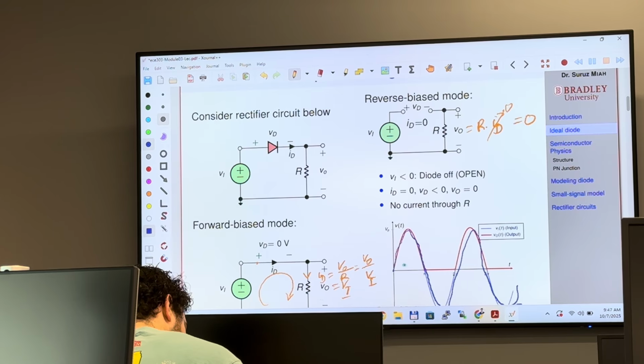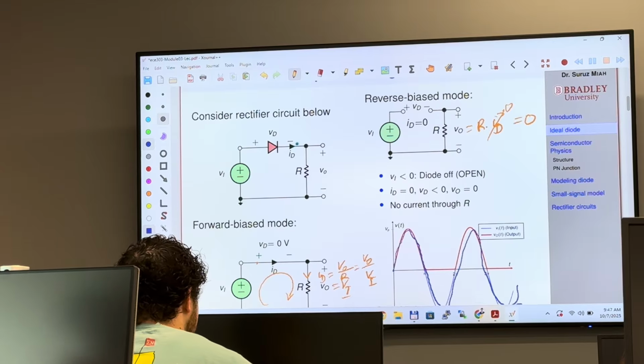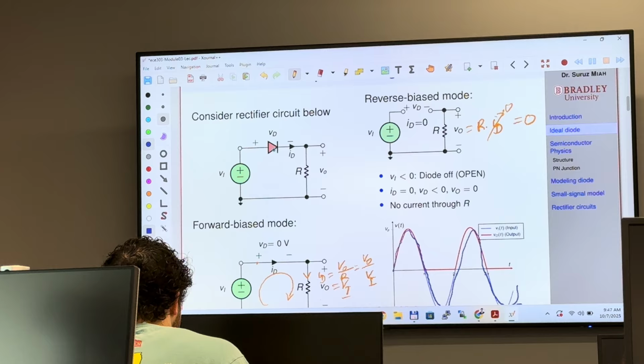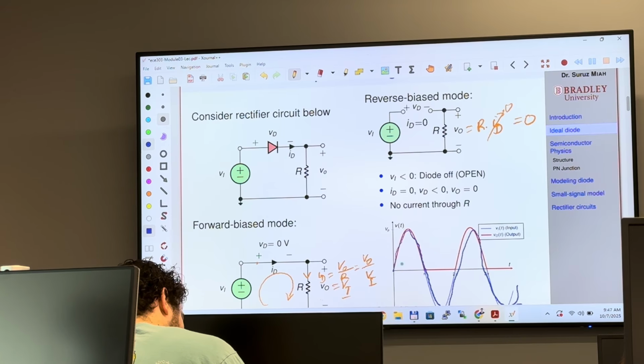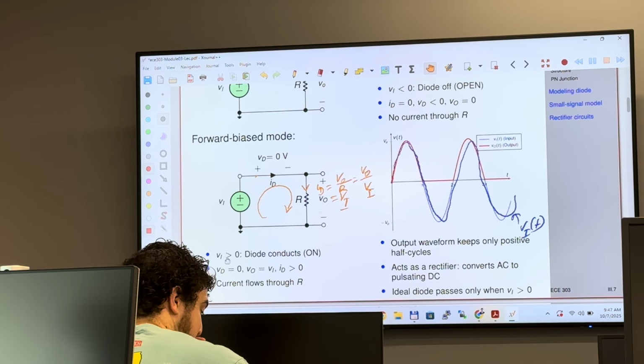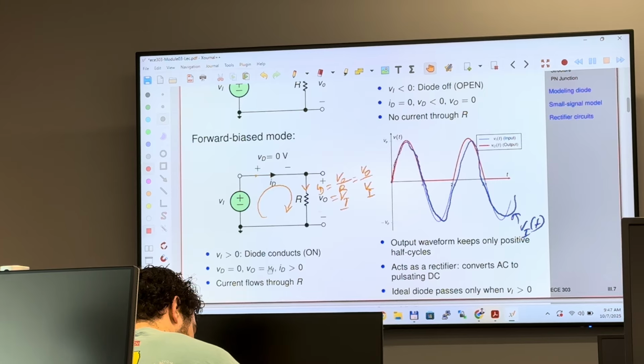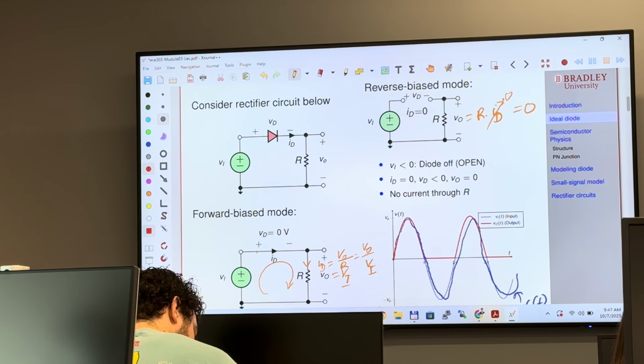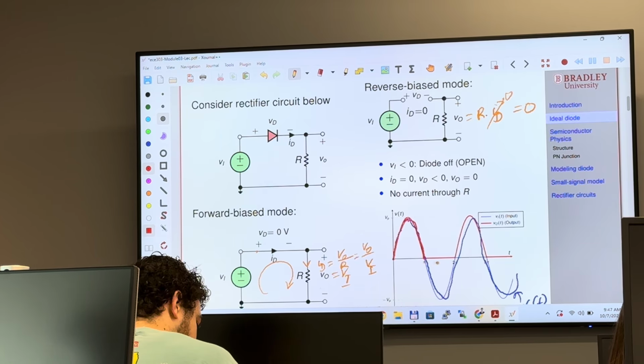What will be the output? When you have positive input, this is positive with respect to the cathode, so the diode is going to be on. Whatever voltage you have is going to appear across R. So whenever input is positive, the output is going to be the same as the input.